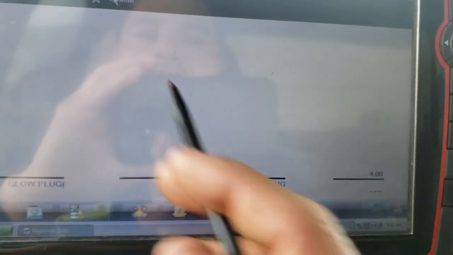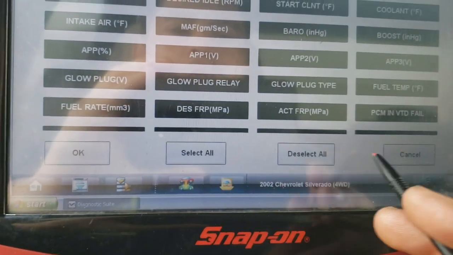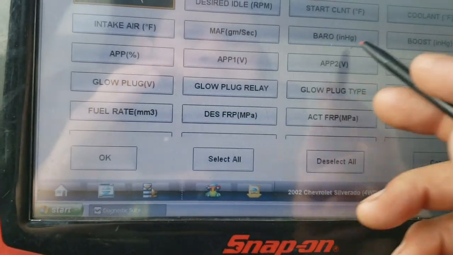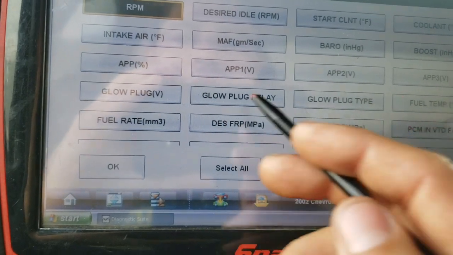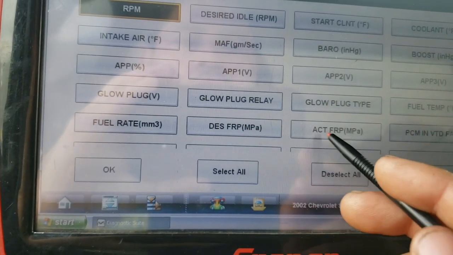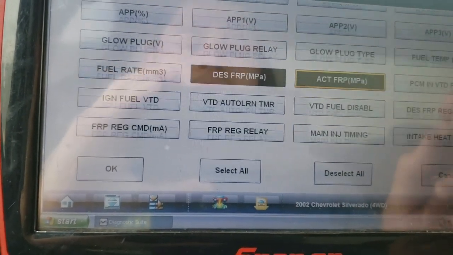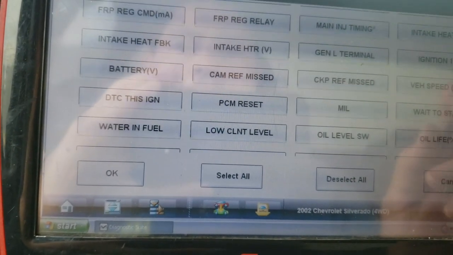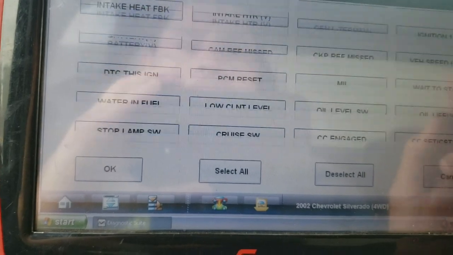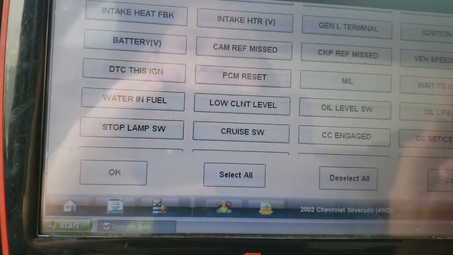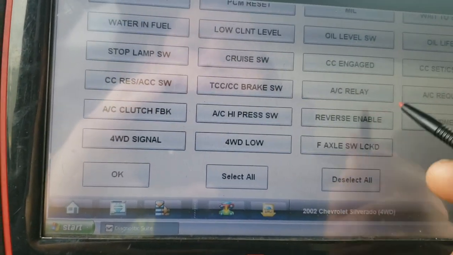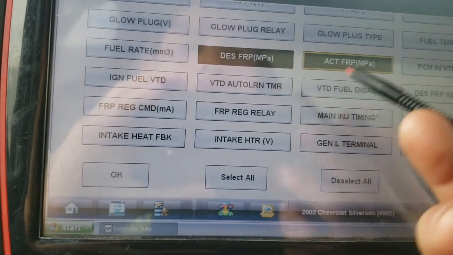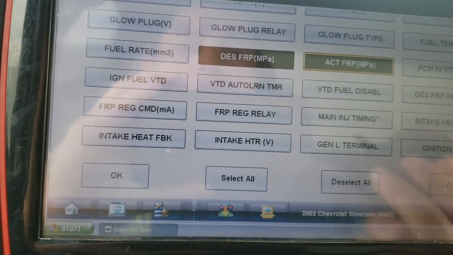Let me change this list here because we wanted to see anything related only to the pressure. Pretty much I wanted to see how much pressure we can desire in actual fuel pressure, and that's basically what really matters at this point, because I only wanted to see if desire is basically what the computer wanted.